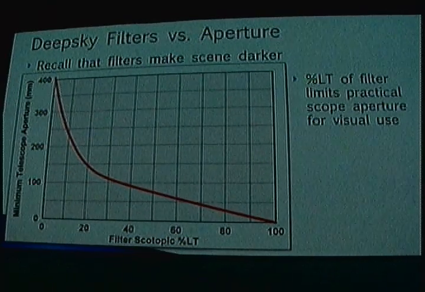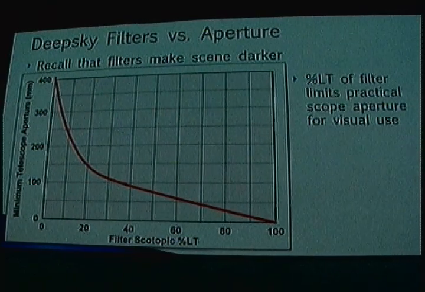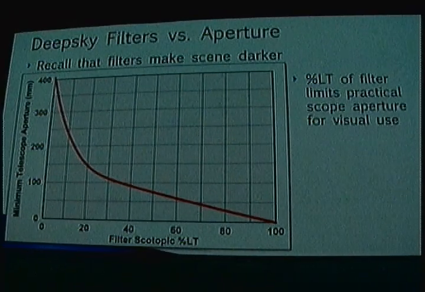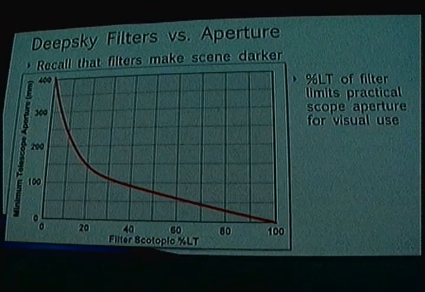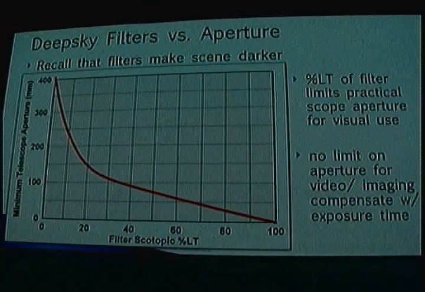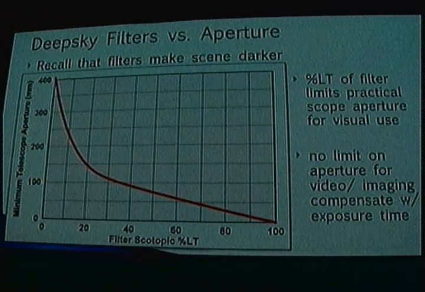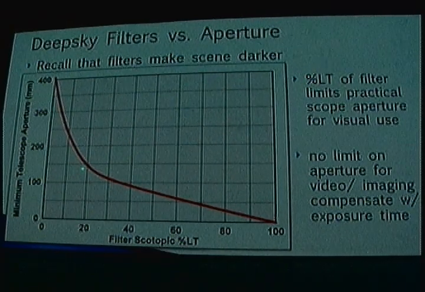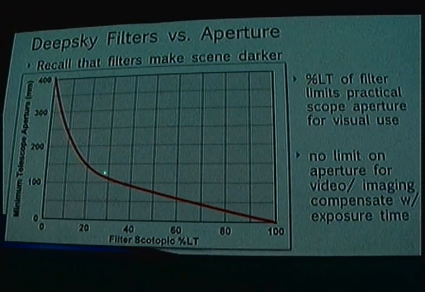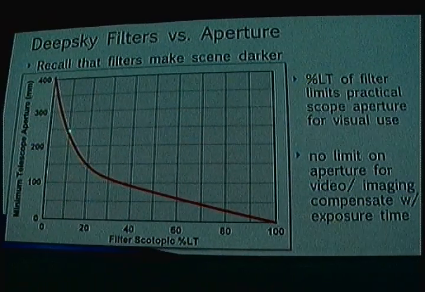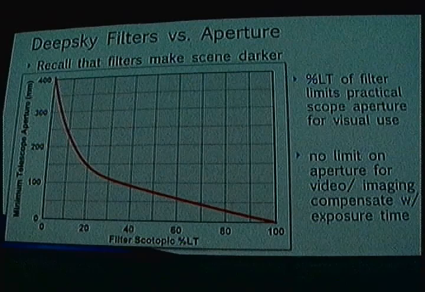So for example, I believe the narrowband filters were in the 10 to 20 range, 10 to 20% LT. So down here. So that means for those narrowband filters, you need a scope that's in the 6 to 10 inch range.